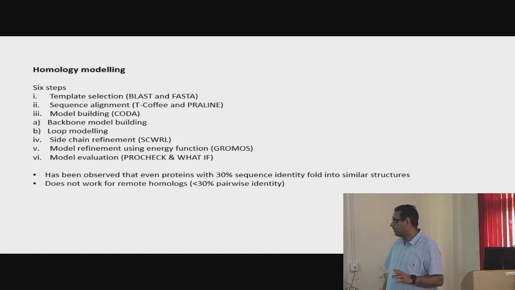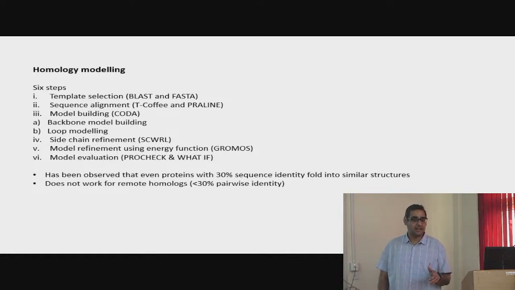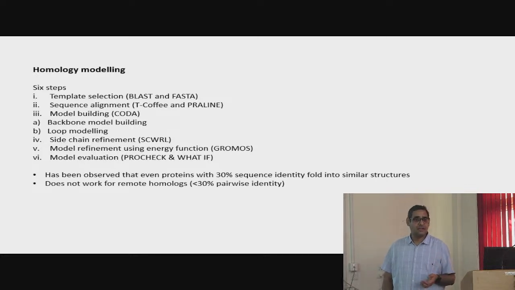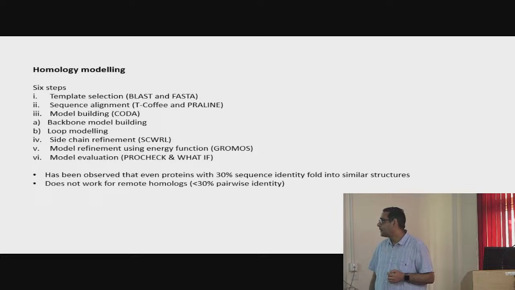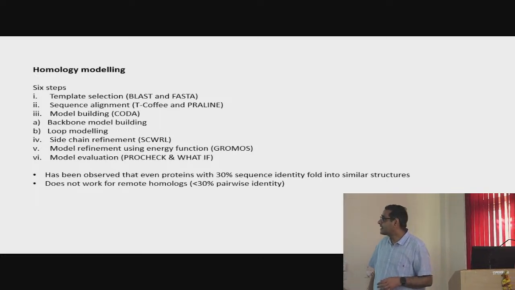So many people try to not do this loop modeling, because this is a time taking activity, and if you are handling so many structures all together or doing homology modeling for many other objectives, then it is a time taking step. And also this model evaluation, most of the people do it, because after evaluation of the model they see the accuracy of the model.